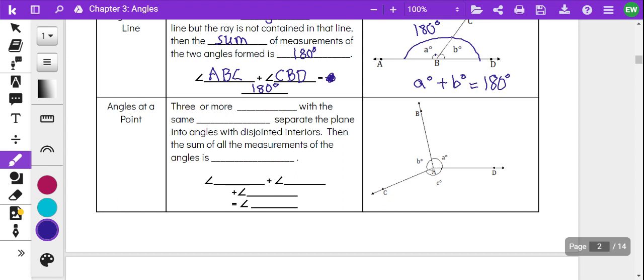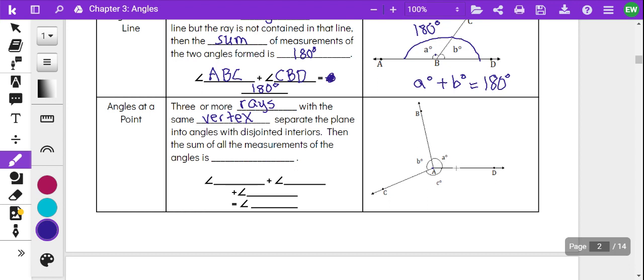Three or more rays. So we have ray AB, AD, and AC. And they all meet at their endpoint here at a point with the same vertex. They separate the plane into angles with disjointed interiors.